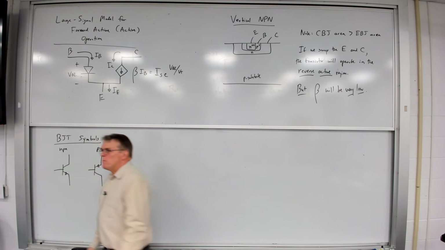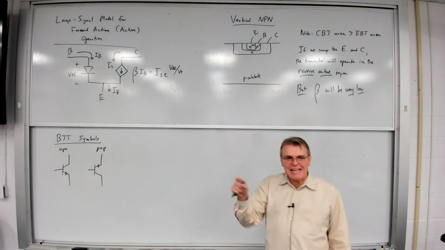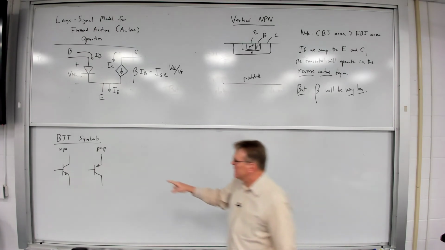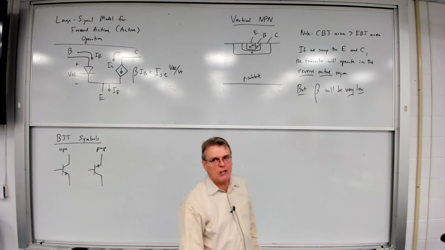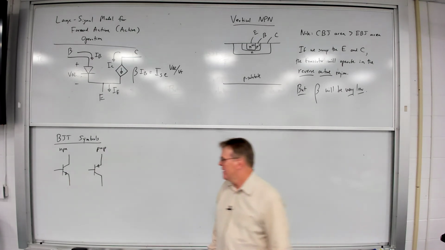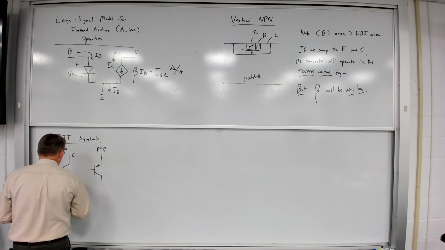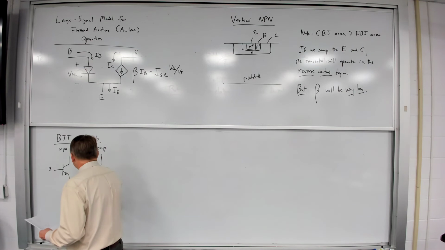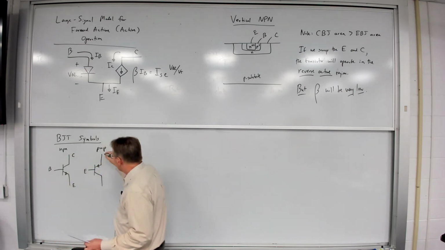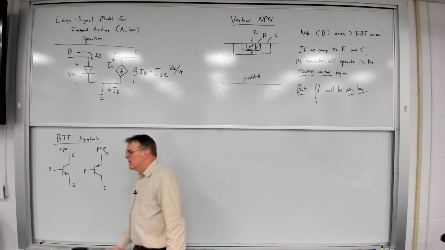Now, just as with MOSFETs, BJTs can come in two flavors. I can have NPN, which is what I just drew, but I can also do PNP and make the emitter and the collector P-type regions. So in this case, here's my collector, here's my emitter, here's my base. For the PNP, the emitter we normally draw on the top, the collector on the bottom.